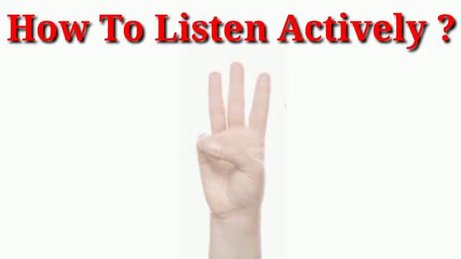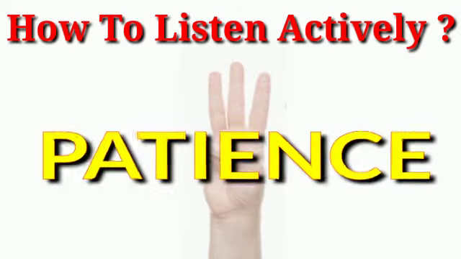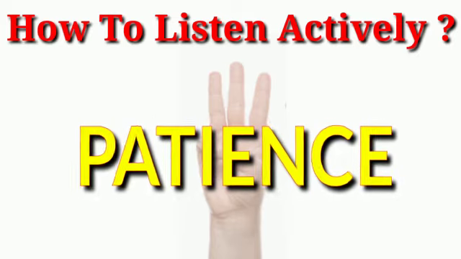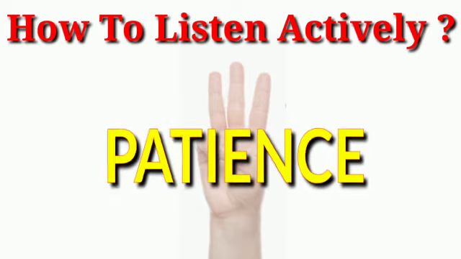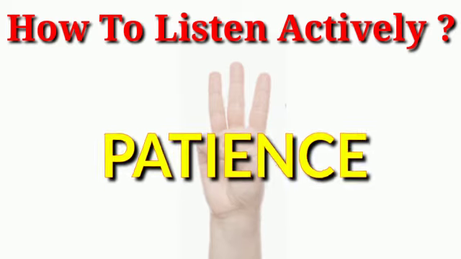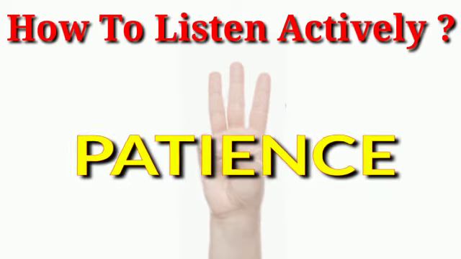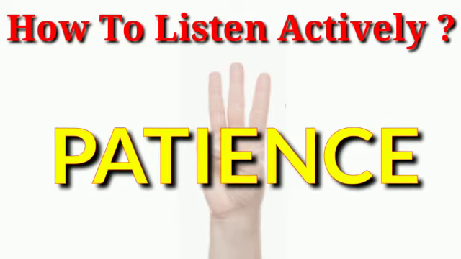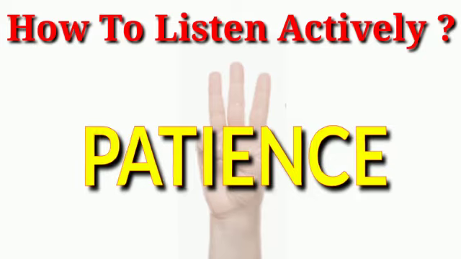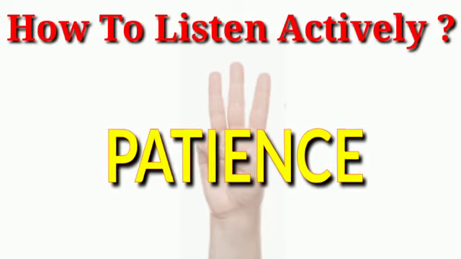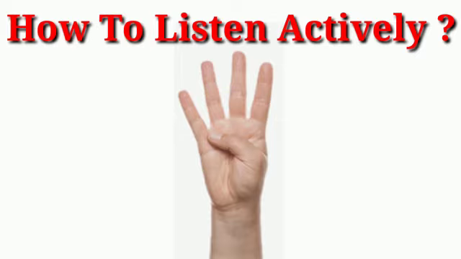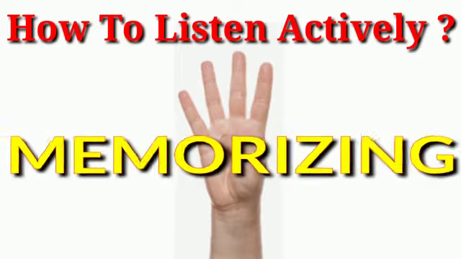And the third point to be taken care of while listening is patience. Many times we interrupt in between the conversation without listening to the whole matter completely, where the chances of a misunderstanding may arise, making the communication ineffective. Now, the fourth point of active listening is memorizing.